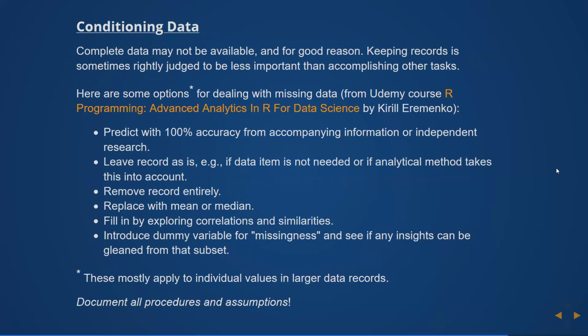Once we get the data, we have to condition it for use. Some of it may be missing, and this is really in the context of entire records that are missing data items.